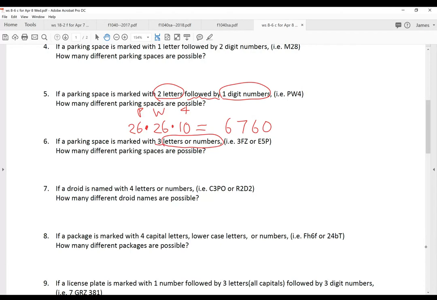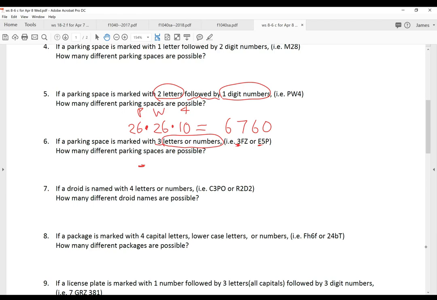So in the first space you could use any letter or any number. So like example that I gave, so first space could be a 3 or first space could be a E. So do you see the difference between number 5 and 6? It's English class now. So instead of just having letters in the first space, it could be any letters or numbers in any of the 3 spaces.